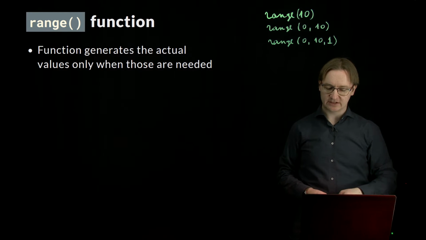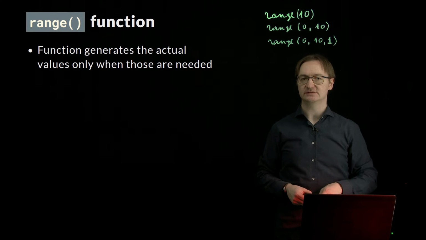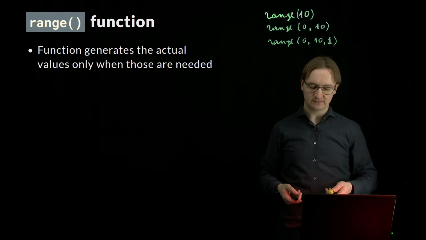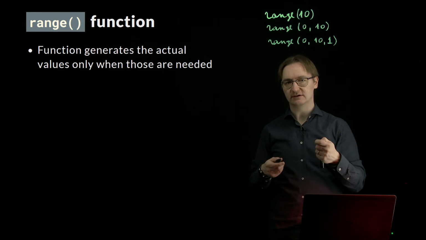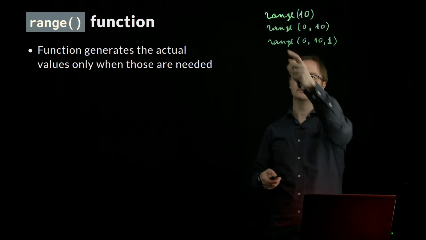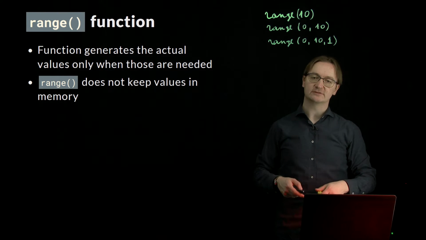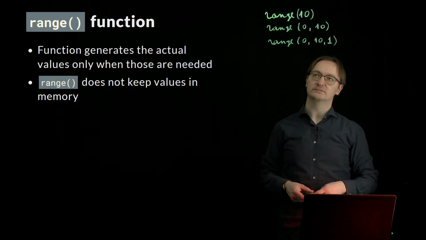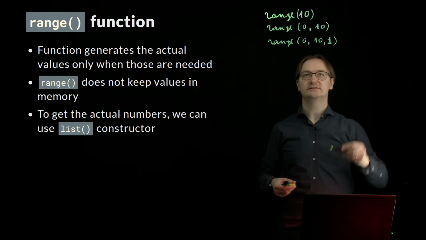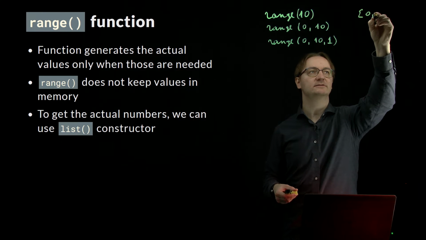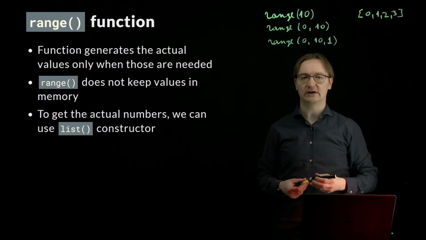So the function actually doesn't give us the numbers. It actually returns a generator, which means that the numbers themselves are not calculated when we call this function. So those numbers are not in memory. If you compare it with a list, for example, if you write a shorter list here, then we have those 4 values already stored in memory.